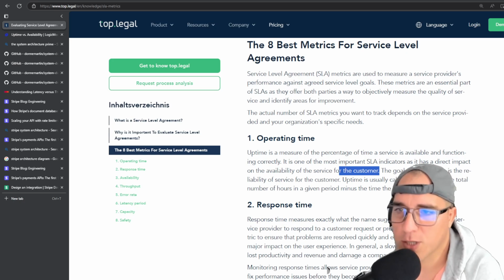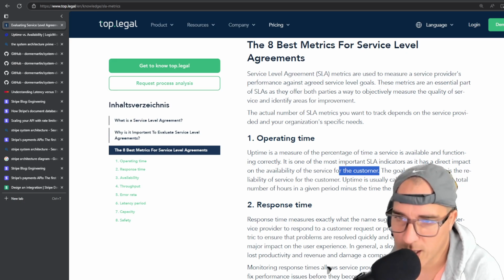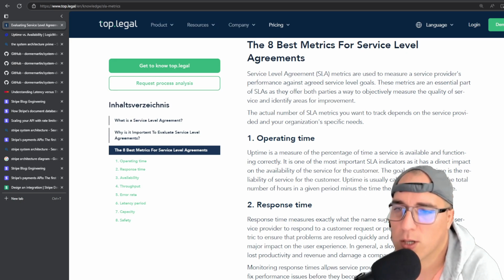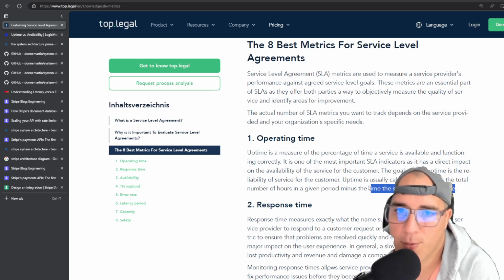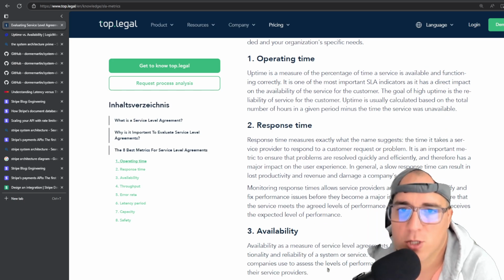The goal of high uptime is the reliability of the service for the customer. Uptime is usually calculated based on the total number of hours in a given period minus the time the service was unavailable. Okay, operating time is just uptime minus downtime.